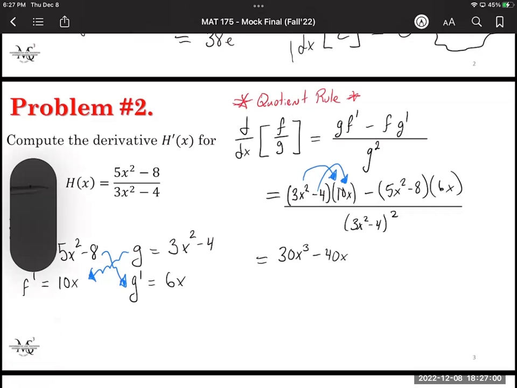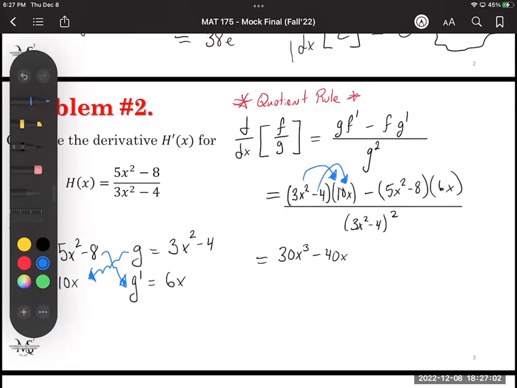Just be mindful that because there's that minus sign outside of the 5x squared minus 8, you can distribute it inside your parentheses, which will change the signs of each of those terms. In addition, you can also take the 6x and multiply it by whatever's inside that parentheses.